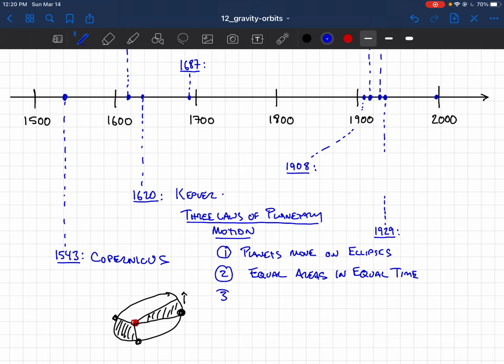And then the most important of Kepler's laws, at least for what we'll talk about today, Kepler's third law, is that the period of orbit is related to the radius of the orbit. So radius only works for circular motion, and it is that the period squared is proportional to the radius cubed.